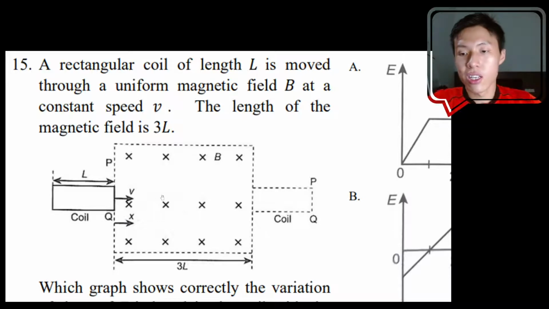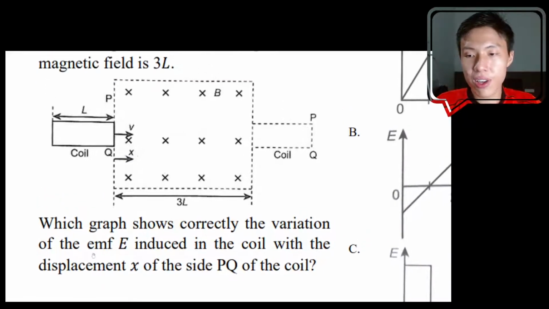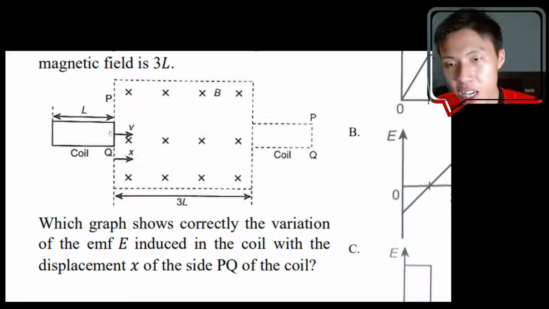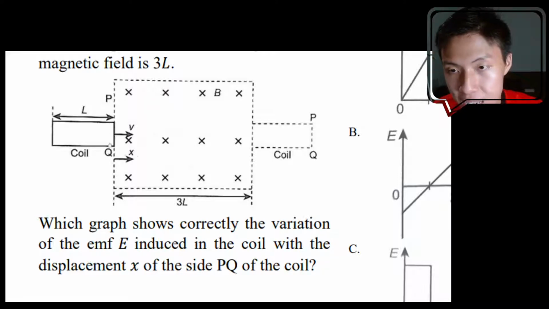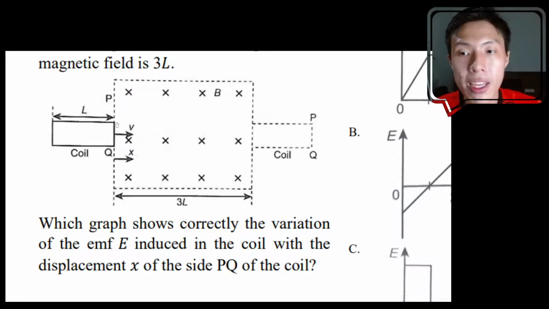Okay, so which graph shows correctly the variation of the induced EMF with the displacement x of the side PQ of the coil? They are going to focus on this side PQ of the coil. The whole coil is moving through the uniform magnetic field, but they are measuring the displacement with respect to PQ.